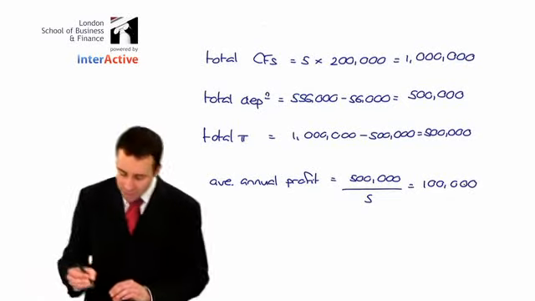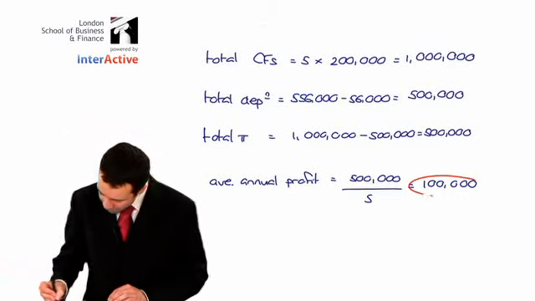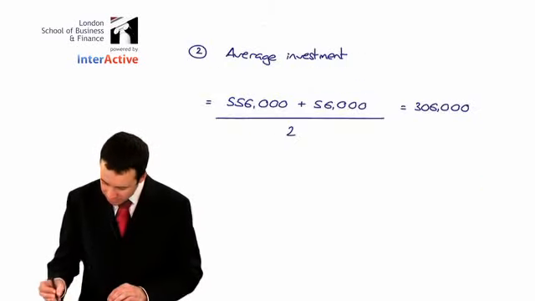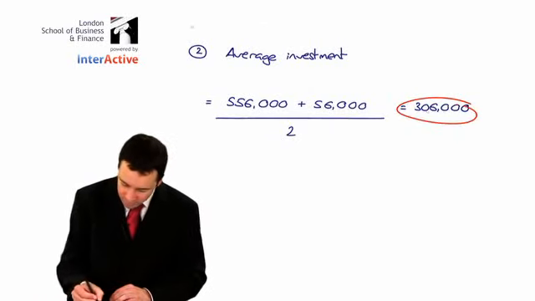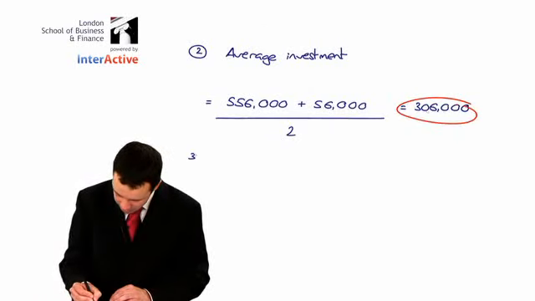So what we've now got is our average annual profit of 100,000 and our average investment of 306.